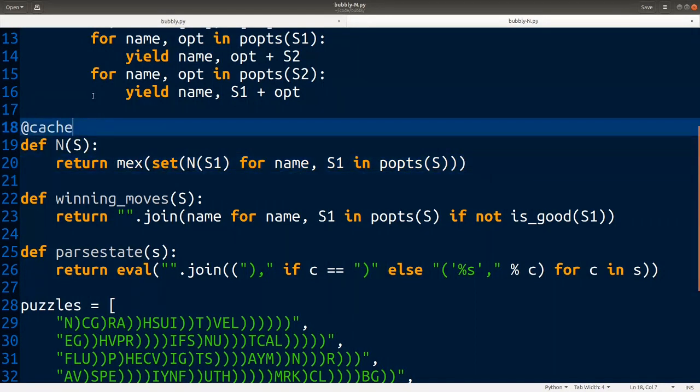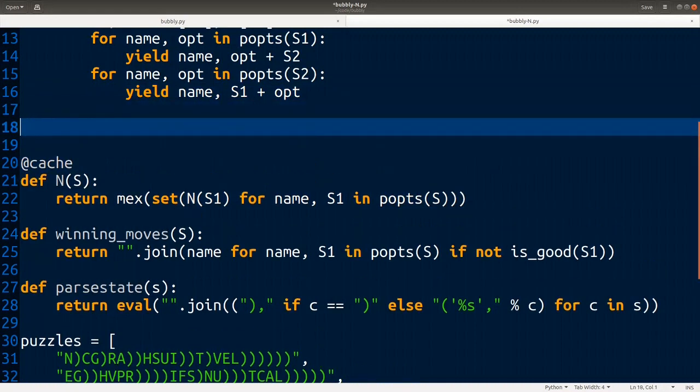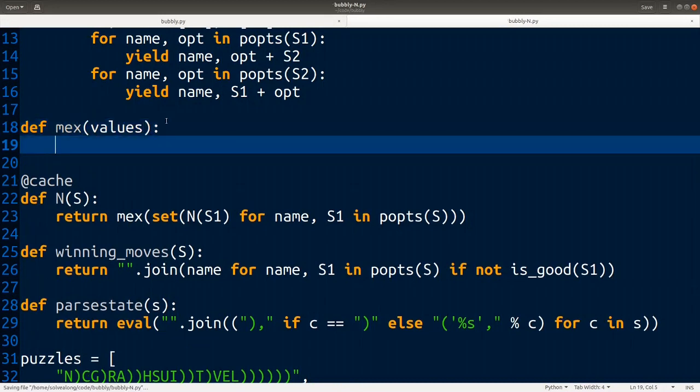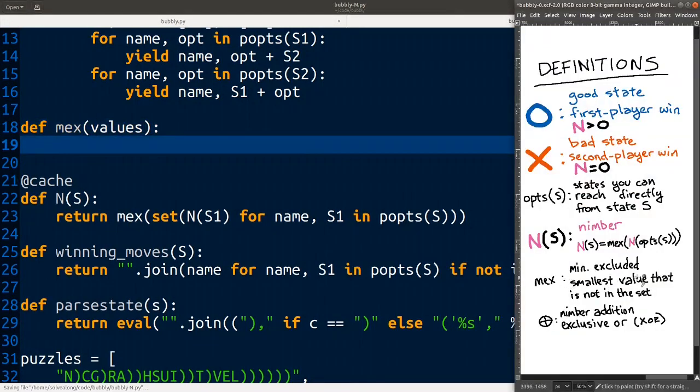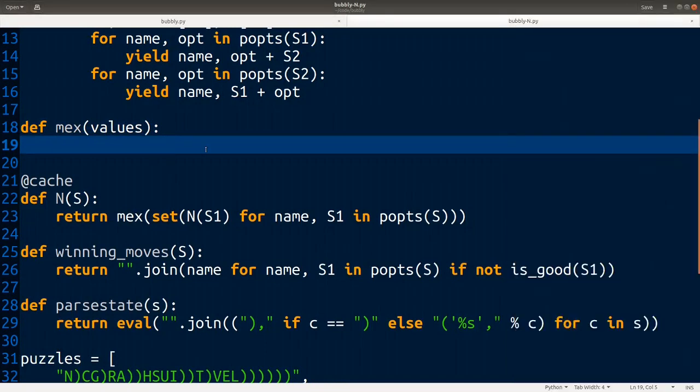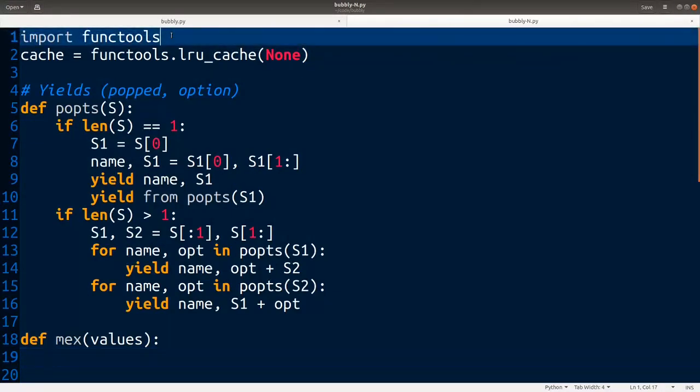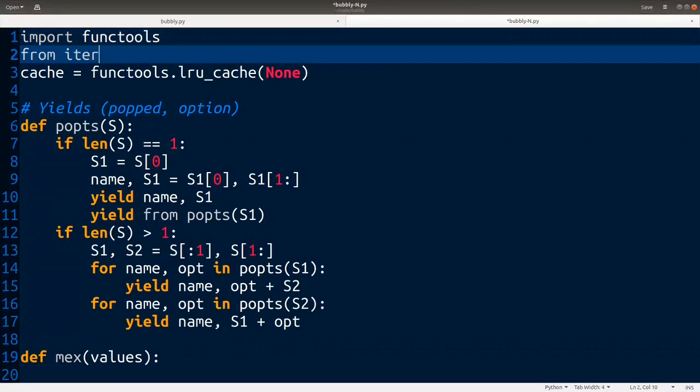And for the mex function, this is the smallest value that's not in the set. I'm going to need the count function for this.